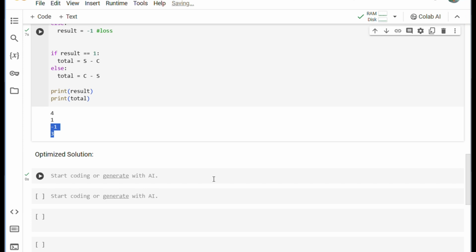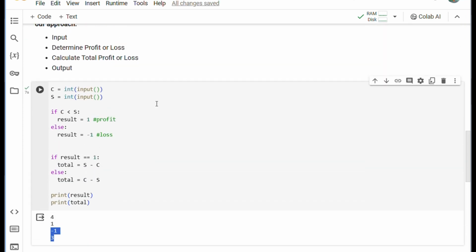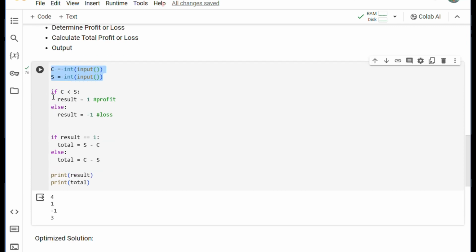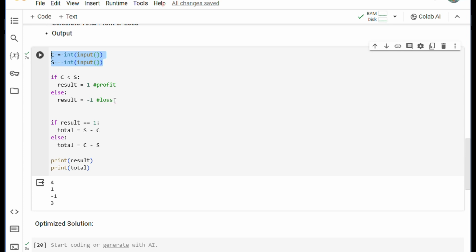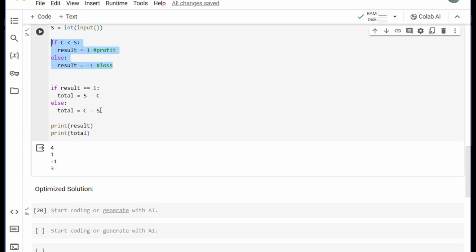Now let's see what we can do here to optimize this. Okay, so we can take this input in a single line using map. Then instead of the if-else block, we can directly use the ternary operator, and instead of this, what we can do is use the ABS function.